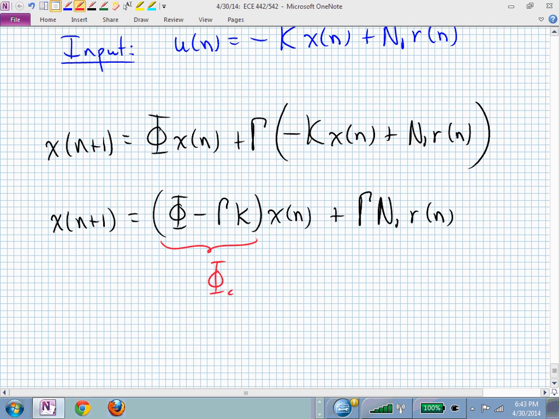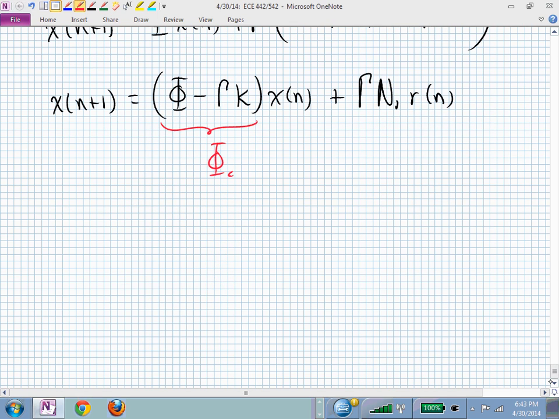And what's our output? Our output now, y of n, is still h x of n. And if I said, give me the transfer function between the reference signal r and the output y, can you do that? This is a review for the final.